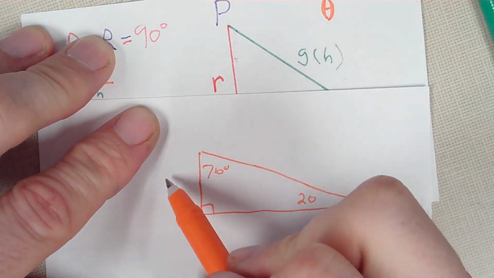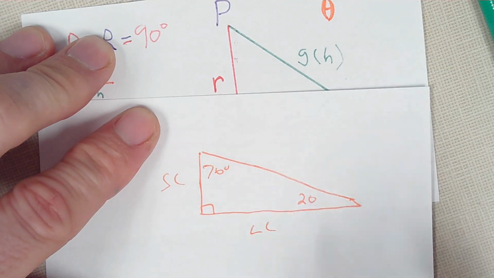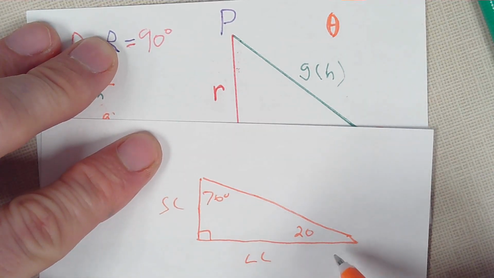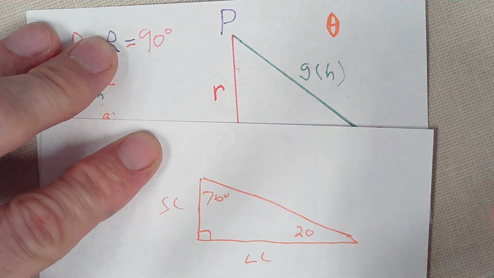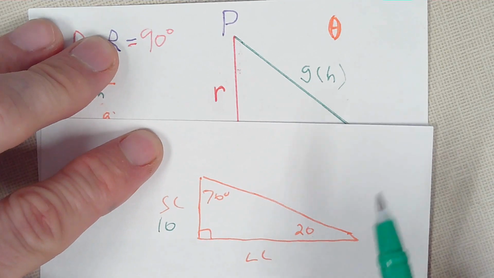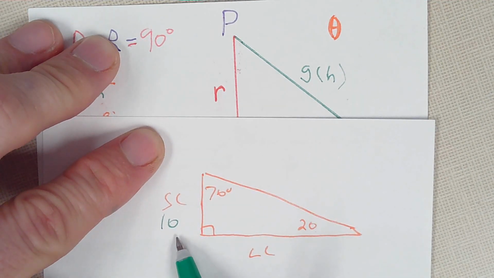It's obvious that this is the short leg and this is the long leg. So if I'm given this is, we'll say, 10, it's obvious I have to multiply something to make that longer, right?